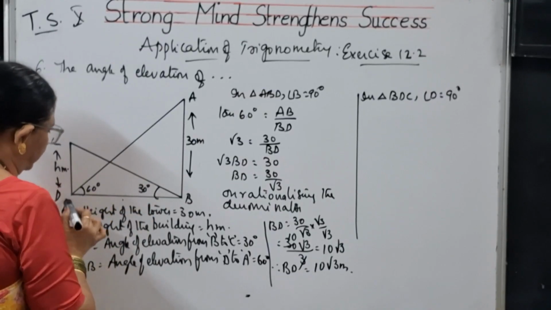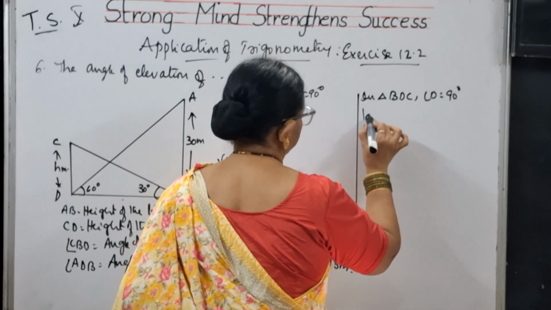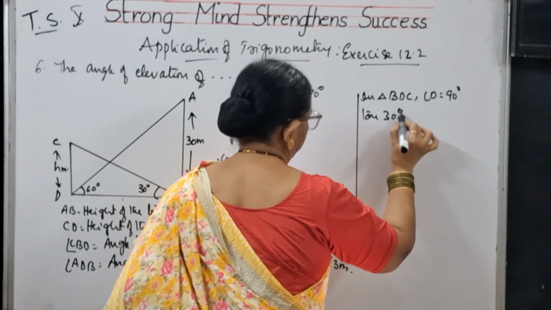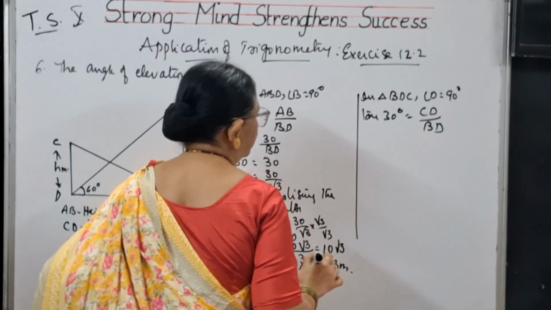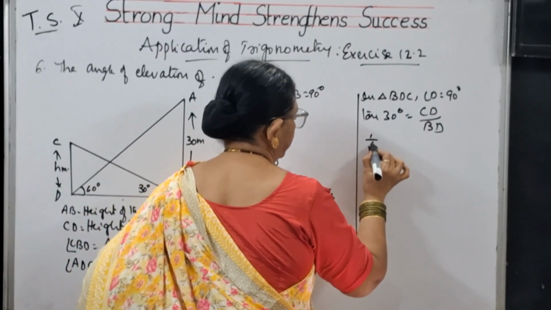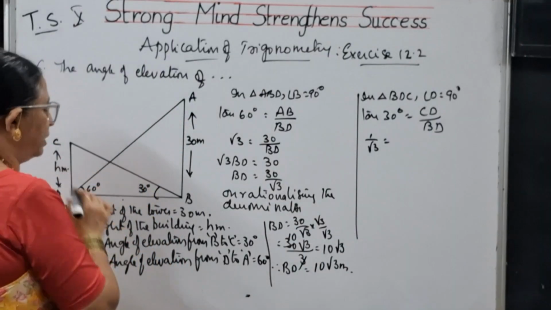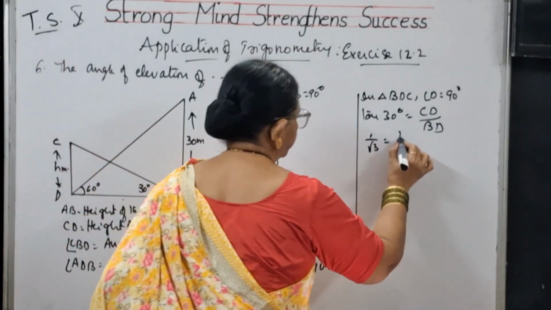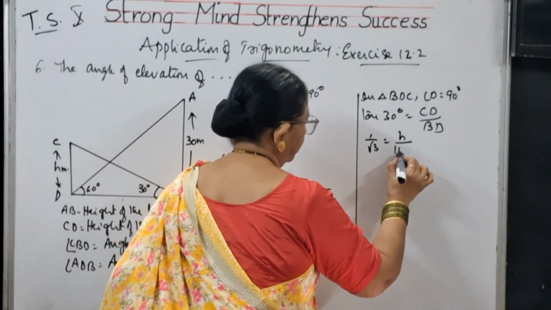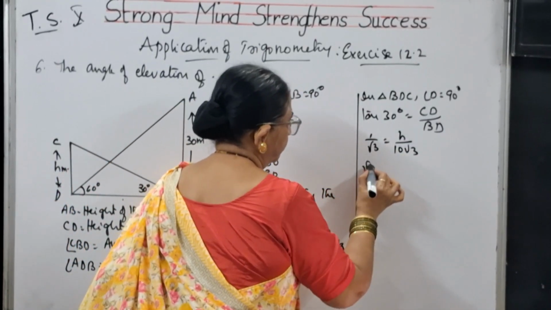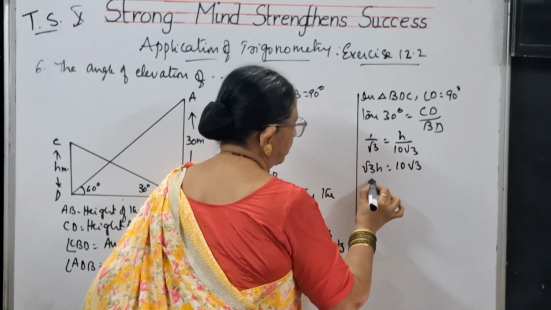So tan 30 degrees is CD by BD. Tan 30 means how much, children? 1 by root 3 is equal to CD. What is CD? It is h by BD. What is BD? We got 10 root 3. So root 3 h is equal to 10 root 3.